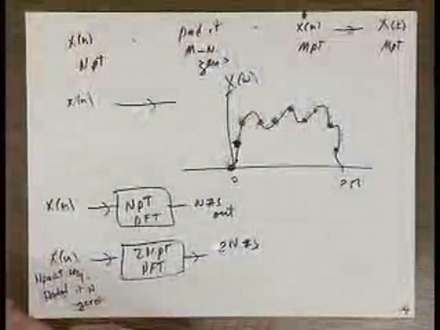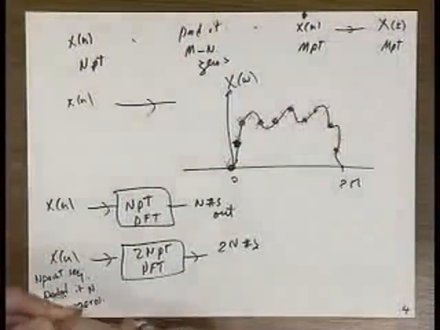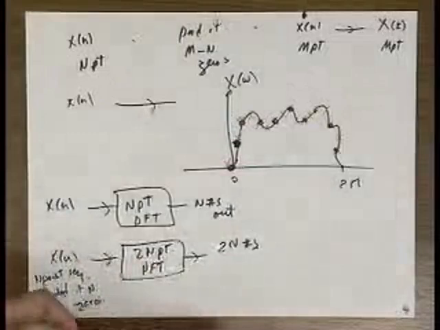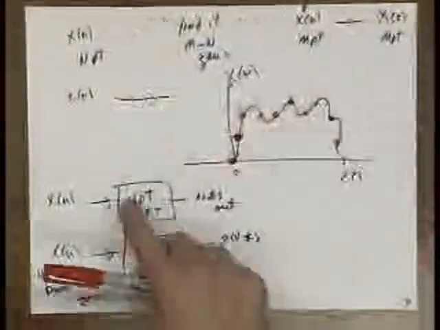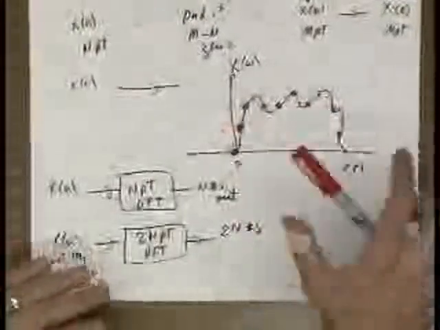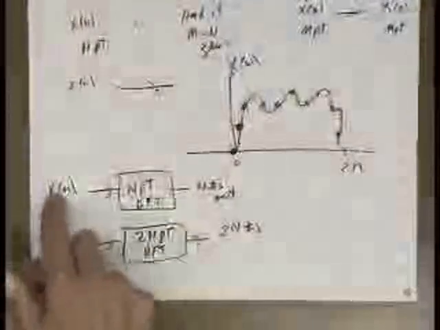So in effect, if I wanted to represent my n-point sequence x of n minimally in the Fourier domain, because it has n points, I really only need to take the n-point DFT of it. And n points in the frequency domain are enough for me to uniquely reconstruct x of n. How do I do that unique reconstruction?